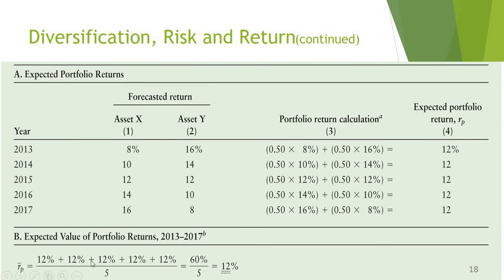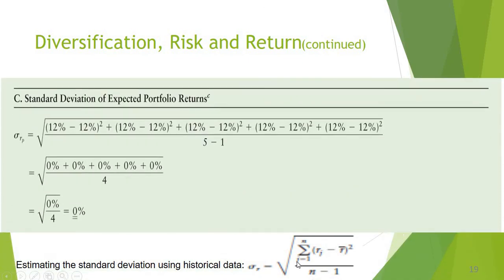We add these 5 years' returns and divide by 5, so 60% divided by 5, that's 12%. And there is a different formula for standard deviation if we use historical data. That's the sum of R minus R bar squared, divided by N minus 1, where N indicates the number of periods.